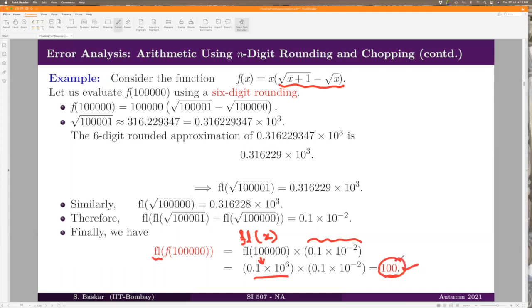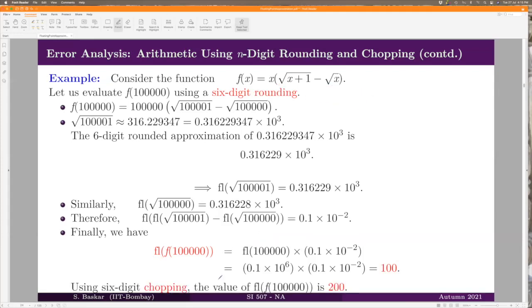If you do the same with chopping instead of 6-digit rounding, what is the value that we will get? Well, I have done the calculation, but I have not shown it here. Using 6-digit chopping, the value of the function is going to be 200. You can see that the error between these two numbers is so huge.